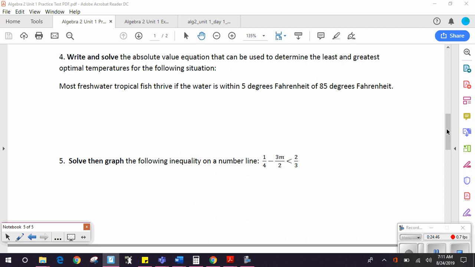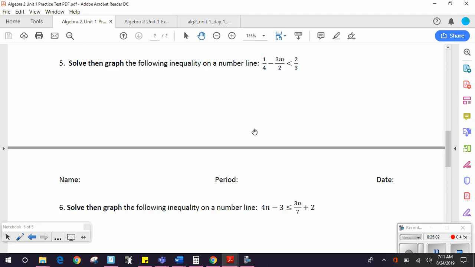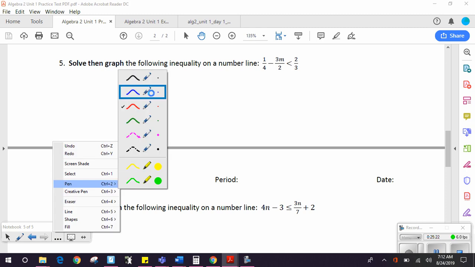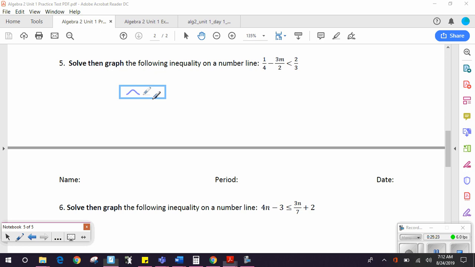So solve and graph the following inequality on a number line. We have 1 over 4 minus 3m over 2 is less than 2 over 3. So remember, if we don't like fractions, we can always get rid of them by taking each of the denominators and multiplying them together.